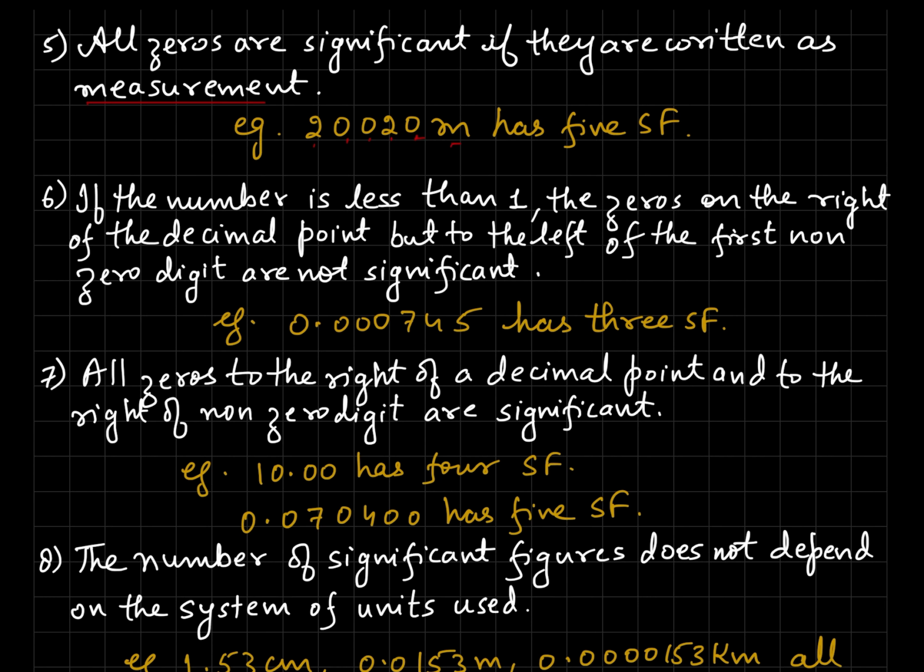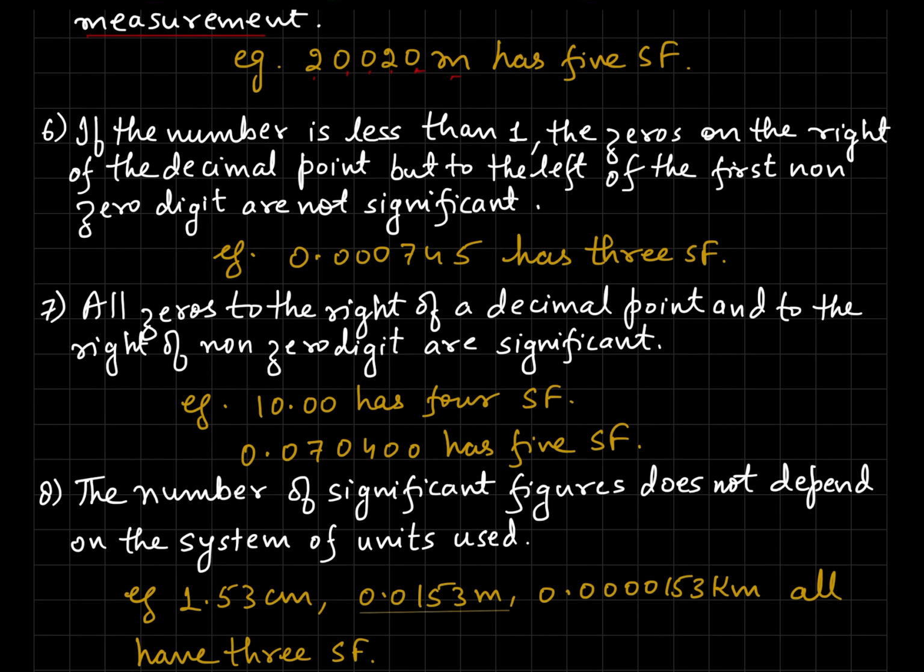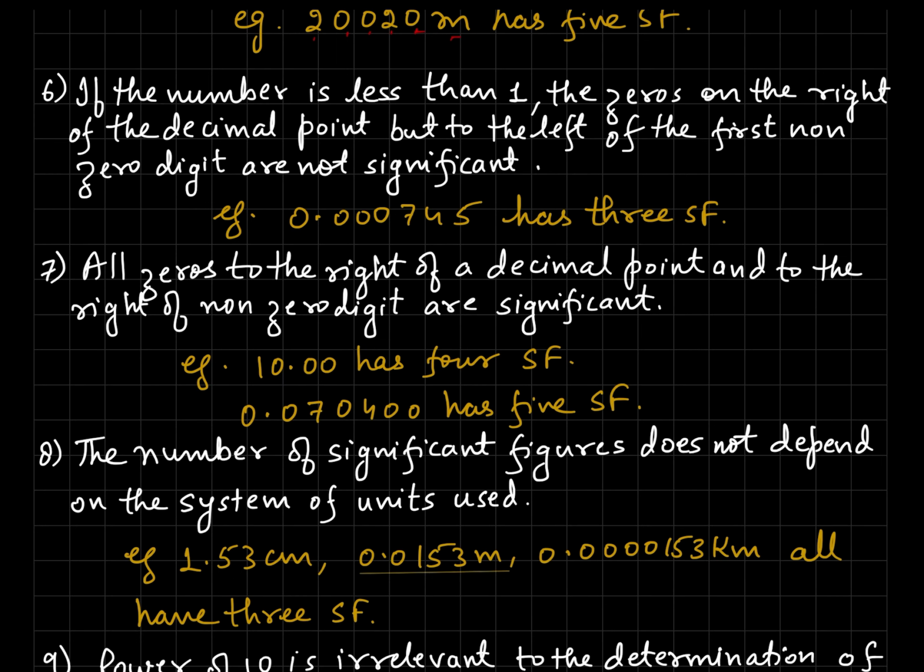Now next, if the number is less than 1, like 0 point something, the zeros to the right of the decimal point but to the left of the first non-zero digit are not significant.